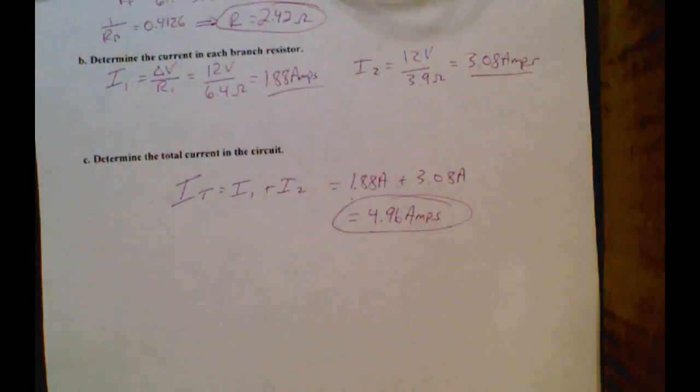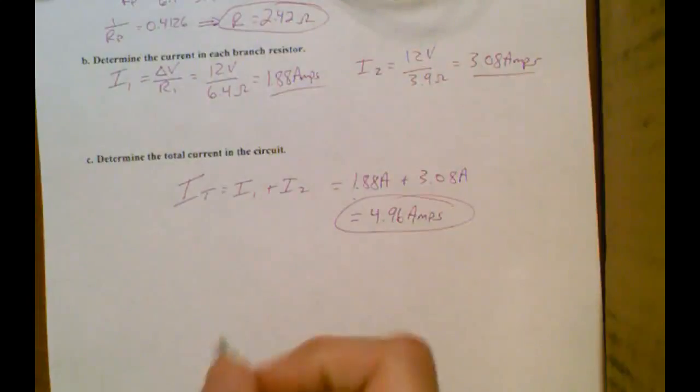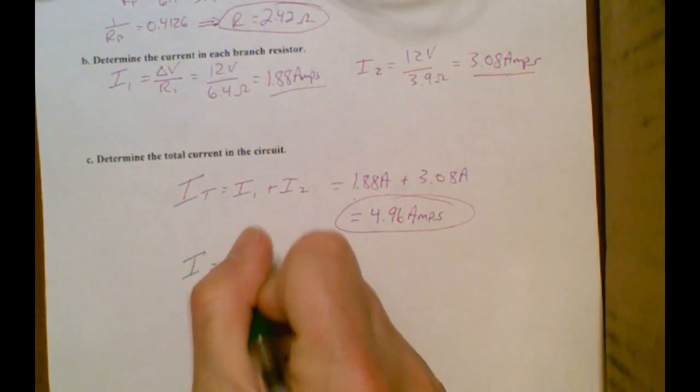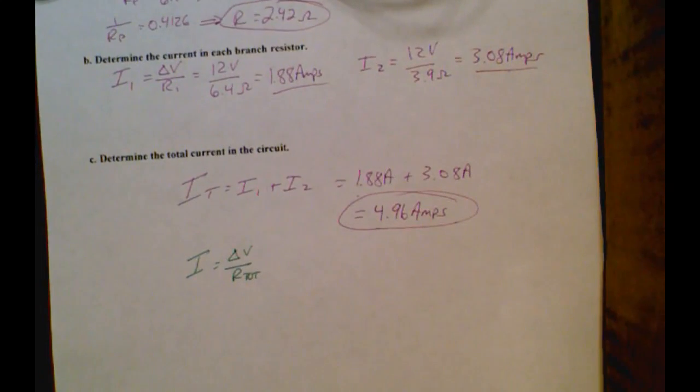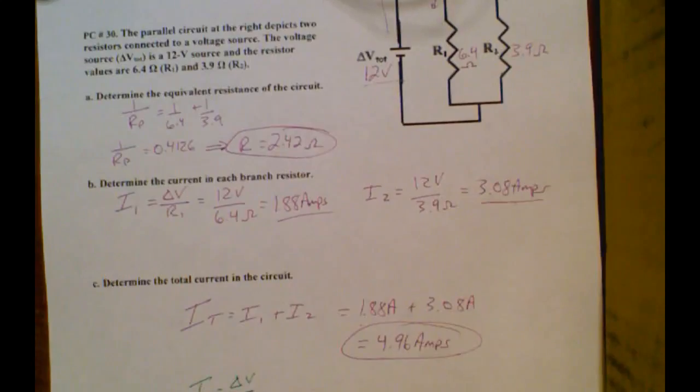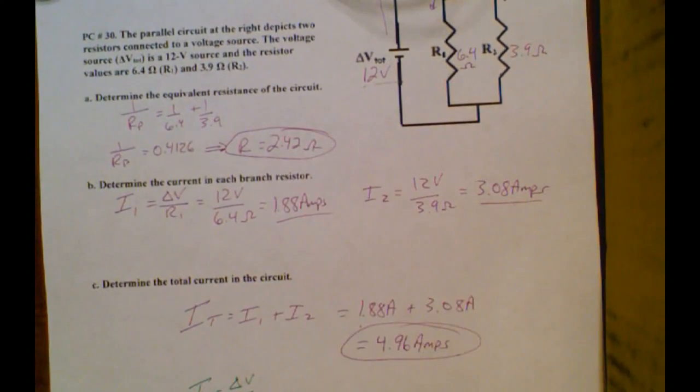My way of double checking this, and I could do this a different way, is to figure out the voltage divided by the total resistance. Well, I got that earlier, 2.42 ohms.